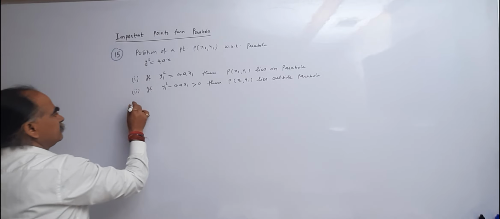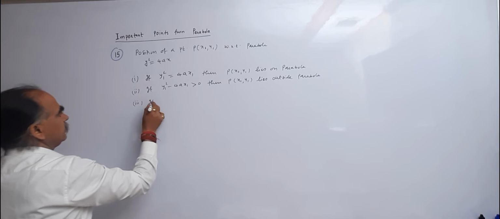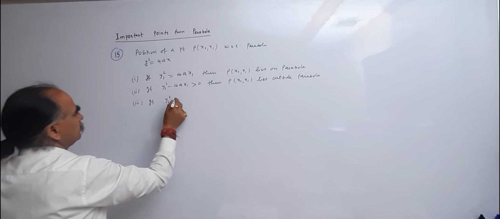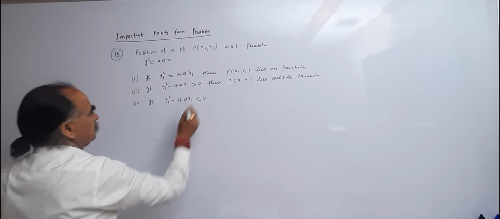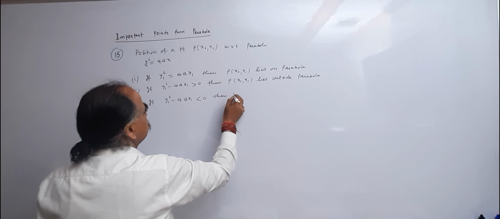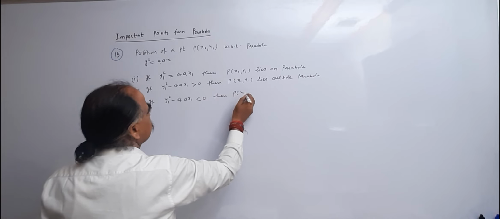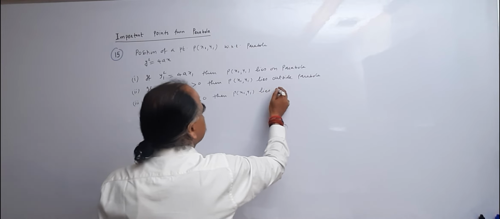And point number 3 is, if y1 square minus 4ax1 is less than 0, then P(x1, y1) lies inside the parabola.